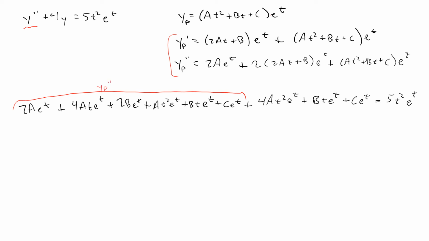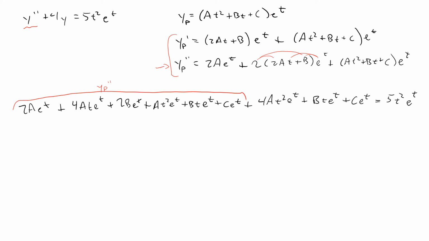Again, if you take a look back at what I have written up here, you'll see that everything matches. Maybe I went ahead and distributed the 2 into the parentheses and distributed the e to the t into the parentheses. But aside from some basic distributions, what I have written here on this line matches what I have written on the line before.